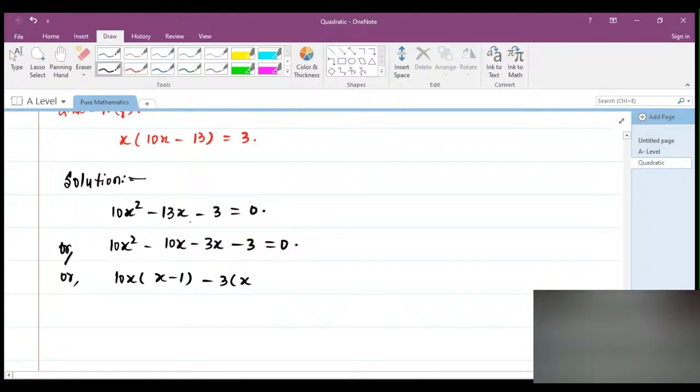I committed a mistake here, so here will be 10x square minus 13x minus 3. I committed a mistake here. So let's see once again.